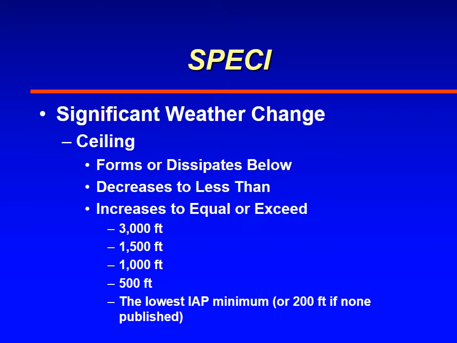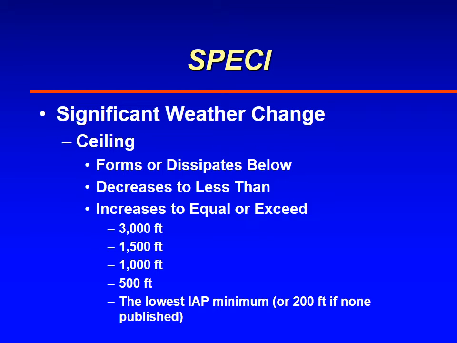The other criteria that you need to know is ceiling. This is important when the ceiling goes up or down past certain values, then a special observation will be made. So the criteria is for ceilings, if the ceiling forms or dissipates below these altitudes, or if it decreases to less than one of these values, or increases to exceed or equal any of these values, then a special observation needs to be made.